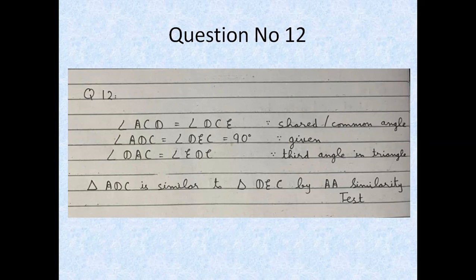So we can say that the triangle ADC is similar to the triangle DEC by the angle-angle similarity test. By the angle-angle test, if 2 angles in the 2 given triangles are the same, then we can say that these two triangles are similar to each other. So it's a very important question, how you write this argument.